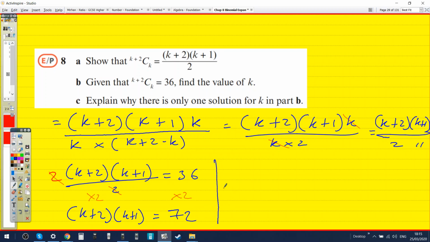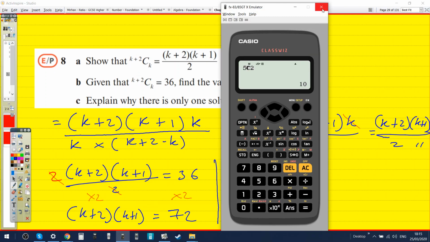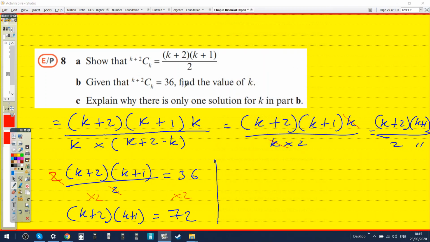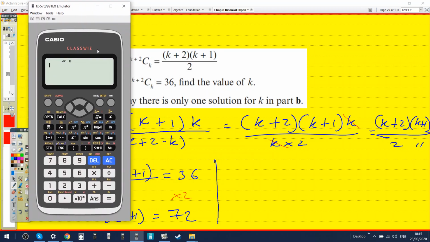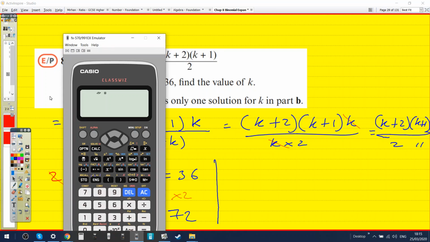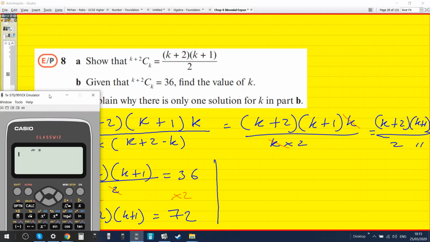So then would we expand it to get a quadratic? Mm-hmm. So k squared plus 2k, you expand it, k plus 2. So k squared plus 3k. Oh, and then we have to move the plus 2, so we do 2 minus 72.